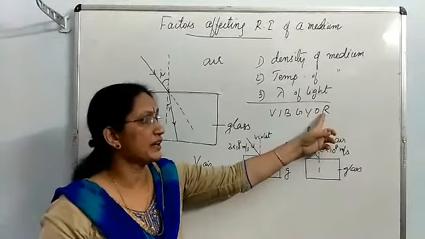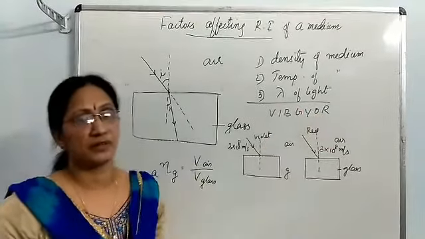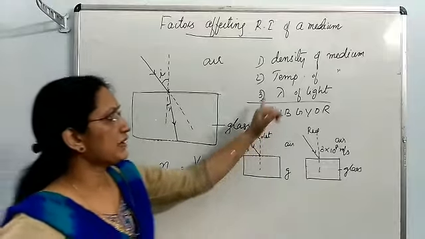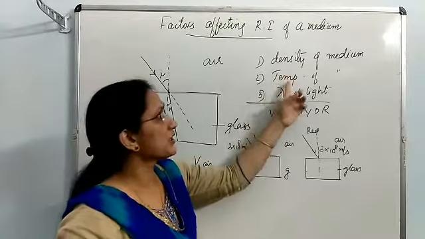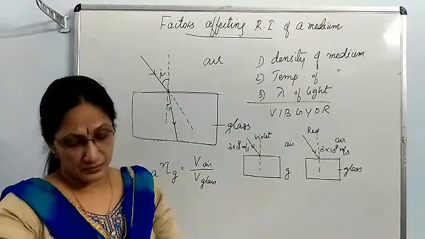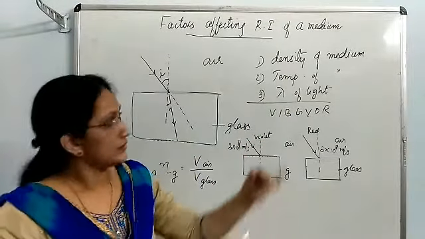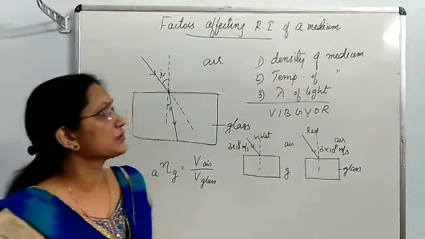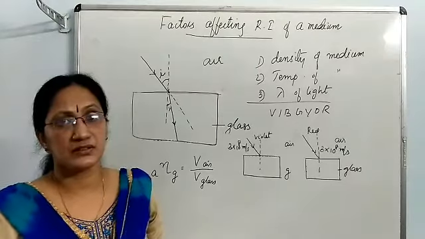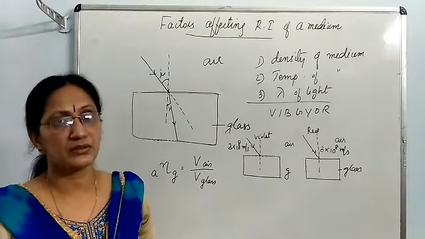If you are using red light, you will get low refractive index. So wavelength of light and refractive index are inversely related. These two terms, density of the medium and temperature of the medium, also affect the refractive index of the medium.